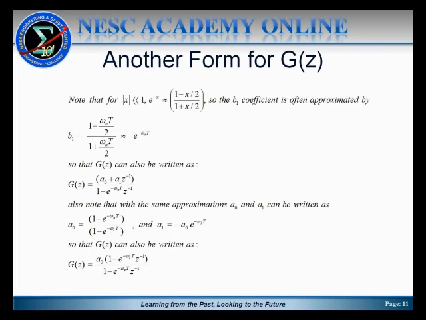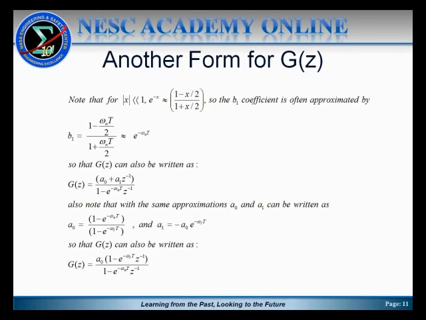So the coefficient b1 that was in the denominator of the transfer function g of z was defined as b1 equals 1 minus omega n t over 2 divided by 1 plus omega n t over 2. So using the approximation above, that's approximately equal to e to the minus omega n t.